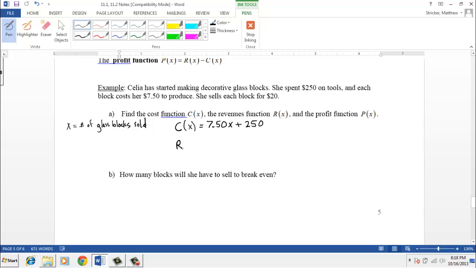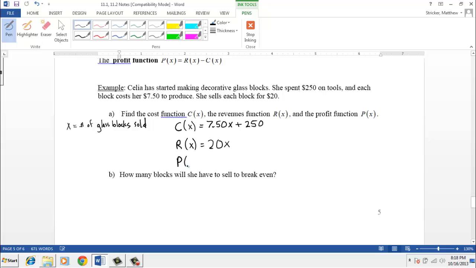Now her revenue, that's the money she makes, capital R of x. Well, she's selling them for $20 per block. So what's that equation going to look like? It's $20 per block times x, the number of blocks sold.